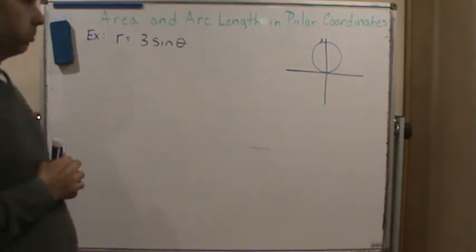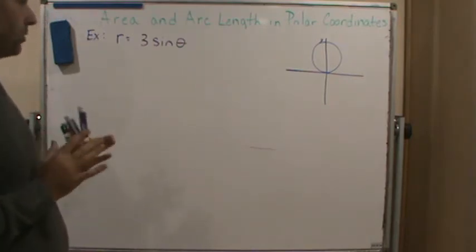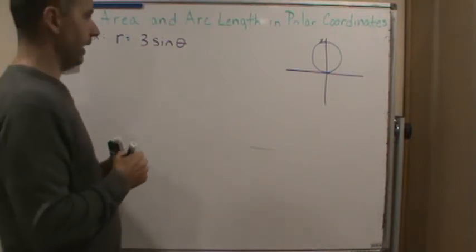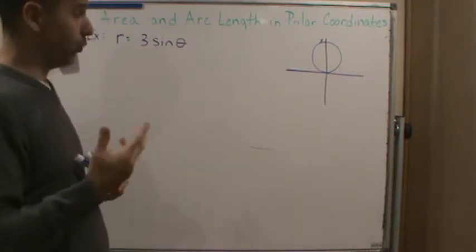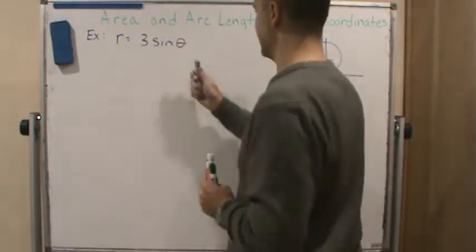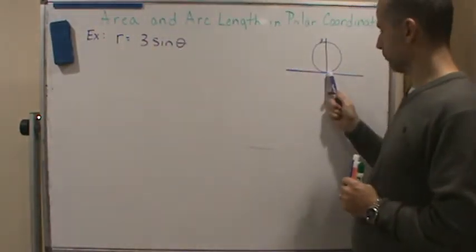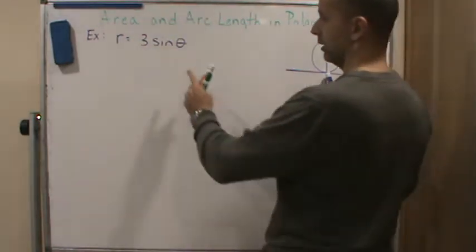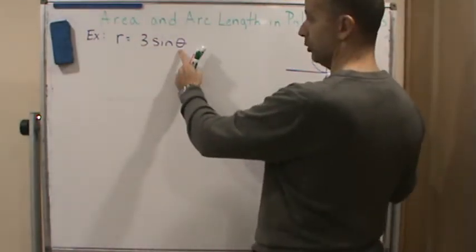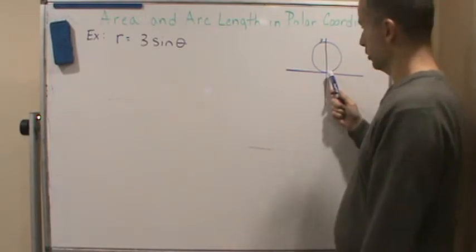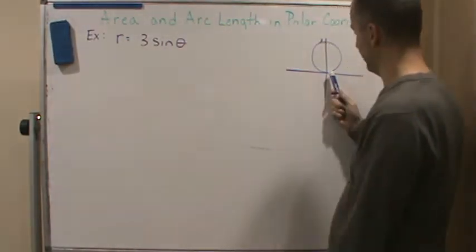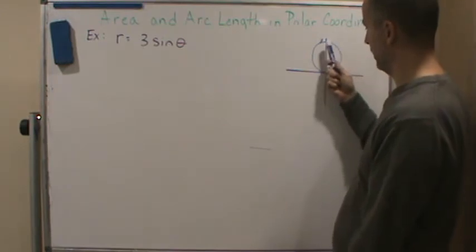Okay? And so here's the thing, you have to understand what's going on. As you go from 0 to 2 pi, what's going on here? Well, at 0, the radius is 0. At pi over 2, the sine is 1, which is going to be 3, so this goes to 3.